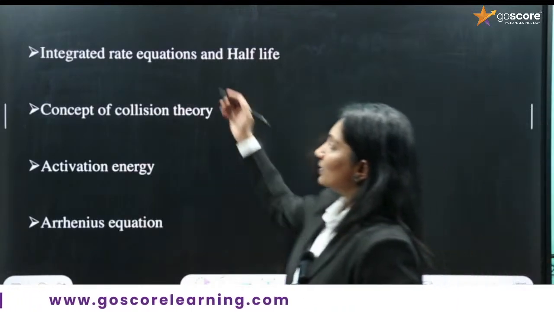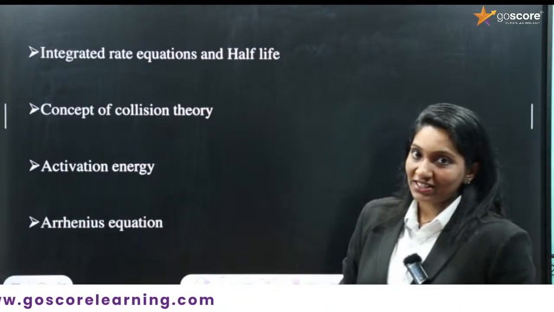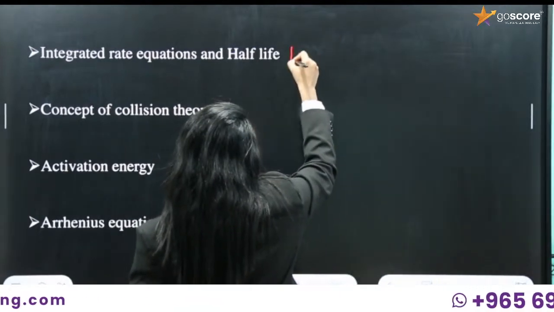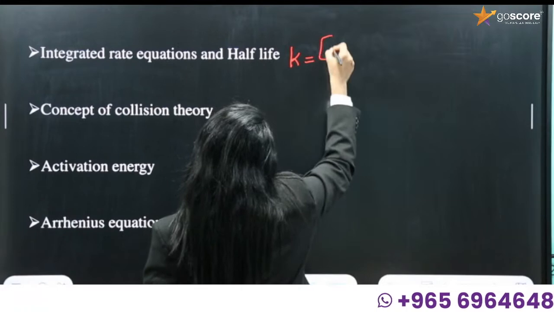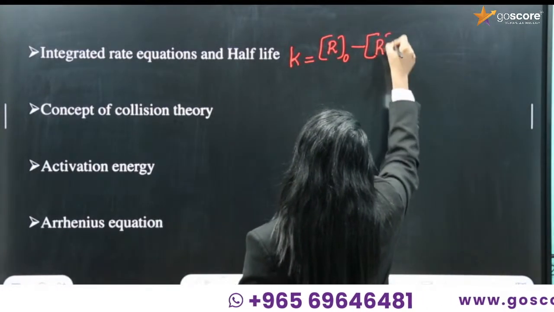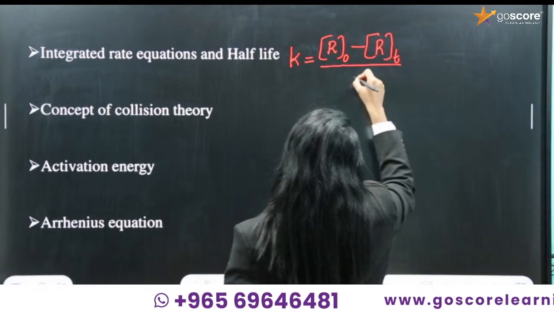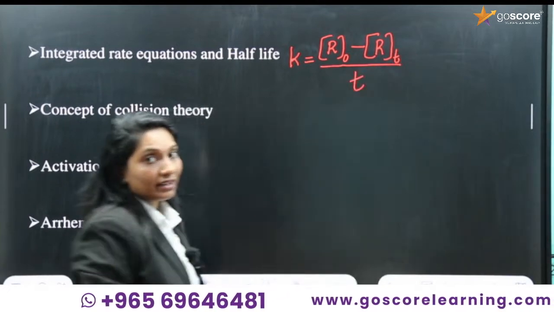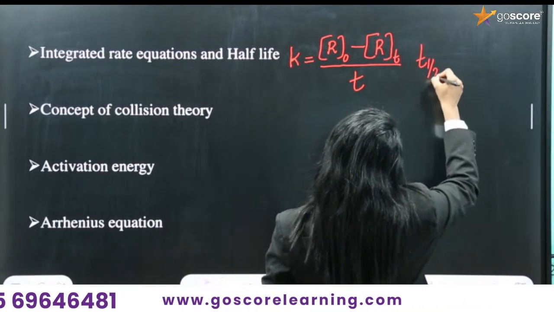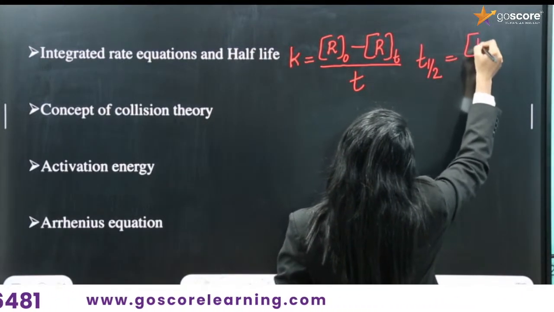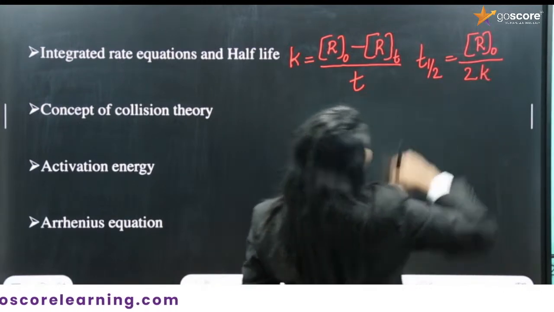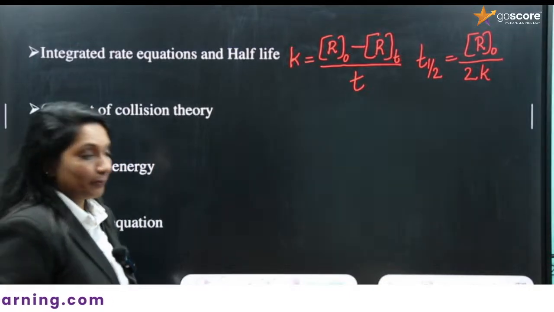And also the integrated rate equations. For zero order, what we learned: the rate constant K is equal to R0, initial concentration of reactant, minus final concentration of reactant, divided by time taken, and the half-life of a zero order reaction is directly proportional to the initial concentration of reactant, divided by 2K.